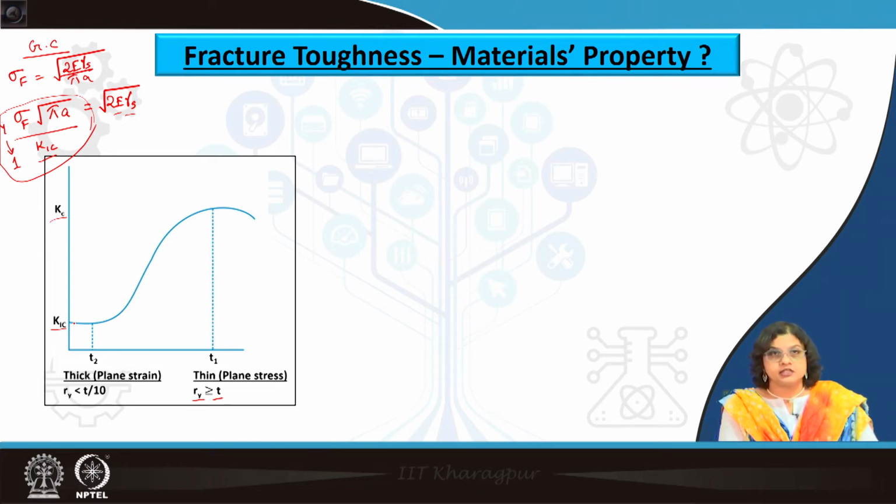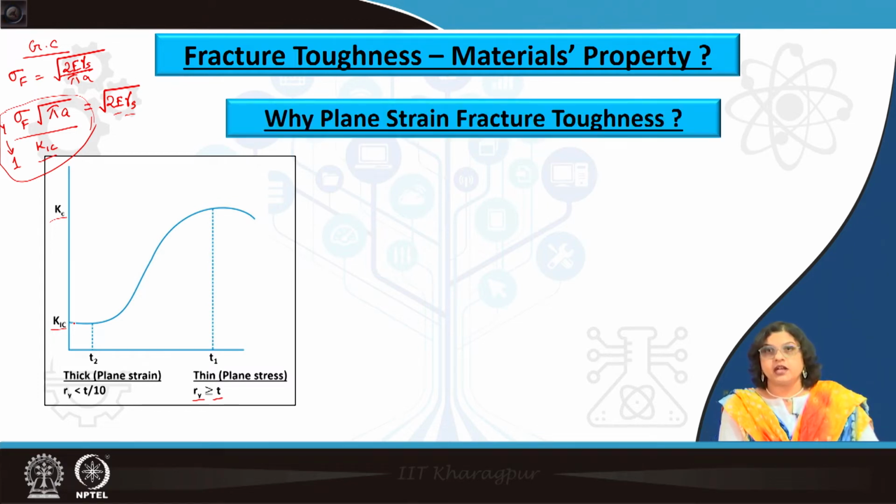But in certain cases we consider fracture toughness as a materials property, particularly for the plane strain condition. When we say that fracture toughness is a materials property, we actually mean that plane strain fracture toughness is a materials property. If nothing is mentioned, it automatically means that we are talking about plane strain fracture toughness. Otherwise, we need to state that this is plane stress fracture toughness, and for that we definitely need to mention the thickness of the component as well.